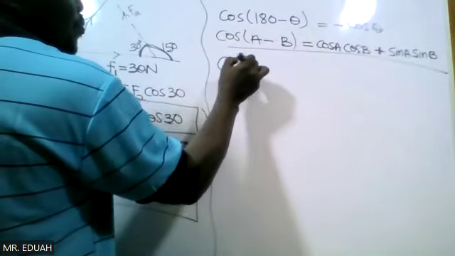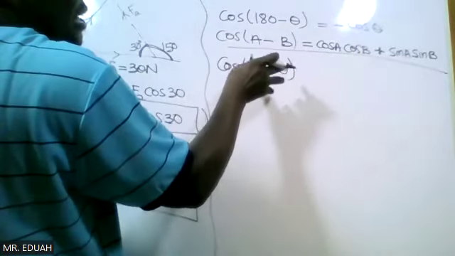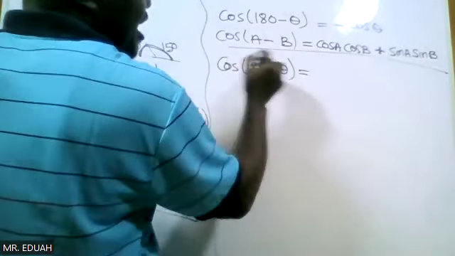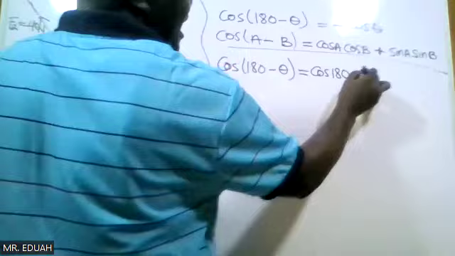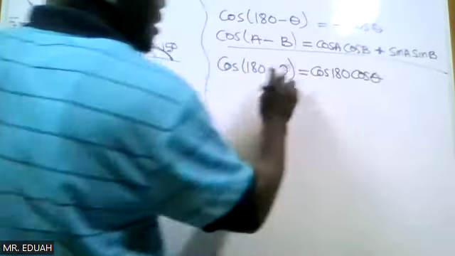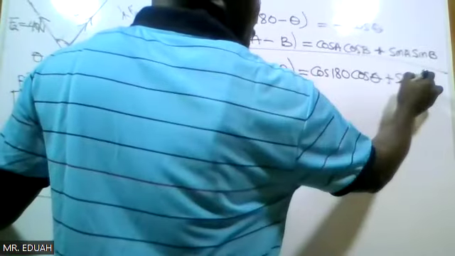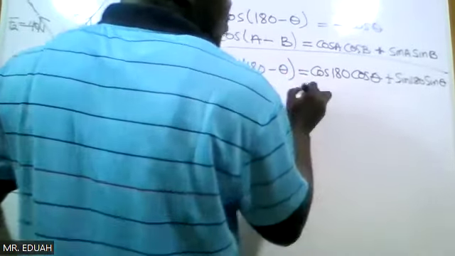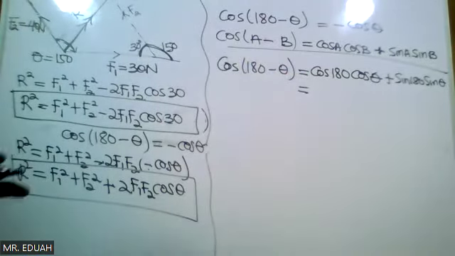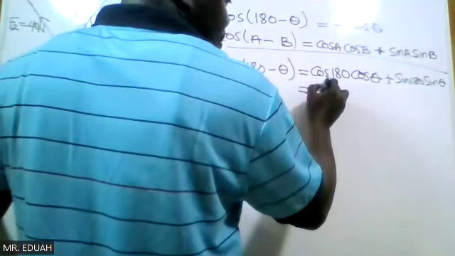I have cos 180 minus theta. Now, when I apply this, I'll have cos 180 times cos theta, this is minus, so the operator will be plus, plus sine 180 times sine theta. Now, if you have your calculator, cos 180 is equal to minus 1.